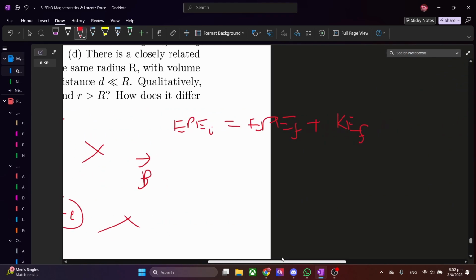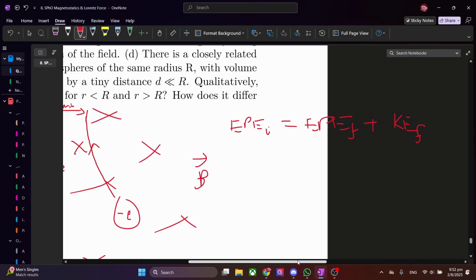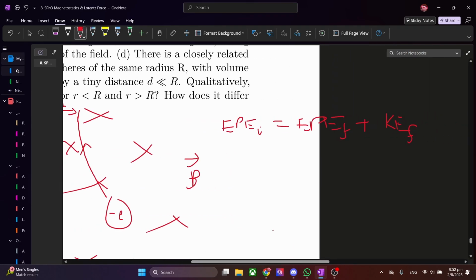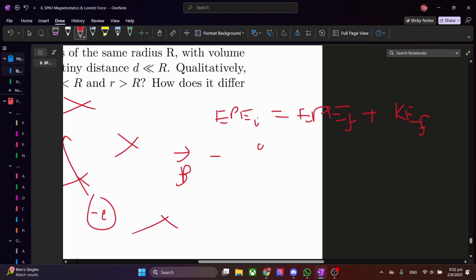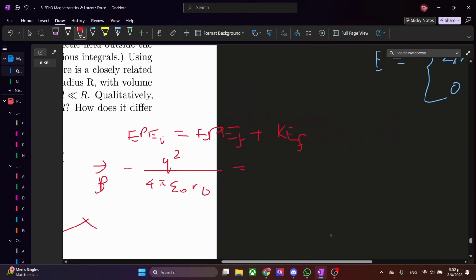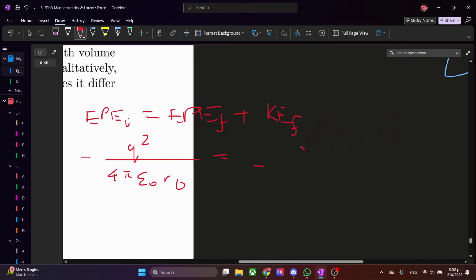So there's going to be that. But that's why there's no MPE here, magnetic potential energy, because in the first place it doesn't do any work. If we equate those, we get these two equations: minus q squared over 4 pi epsilon naught r naught, this is your initial electric potential energy, is going to be equal to your final potential energy, which is minus q squared over 4 pi epsilon naught r.